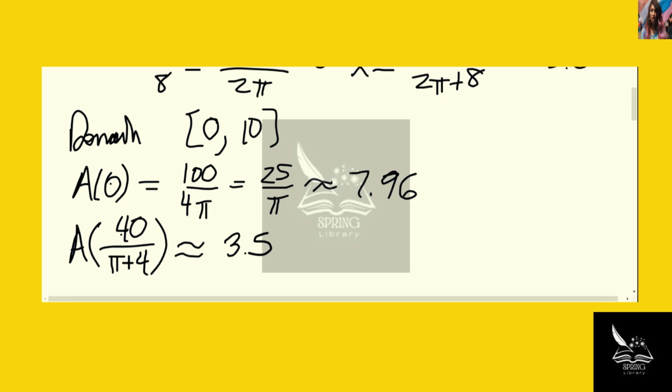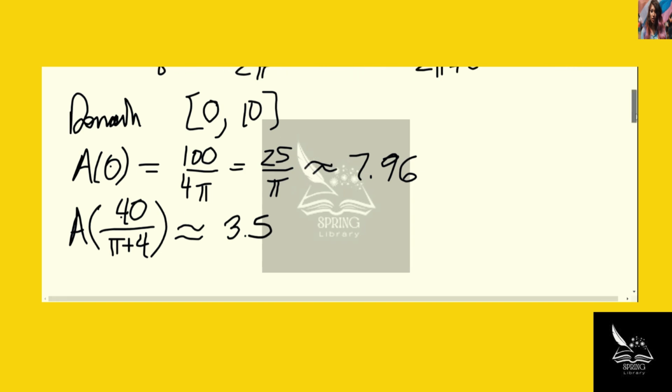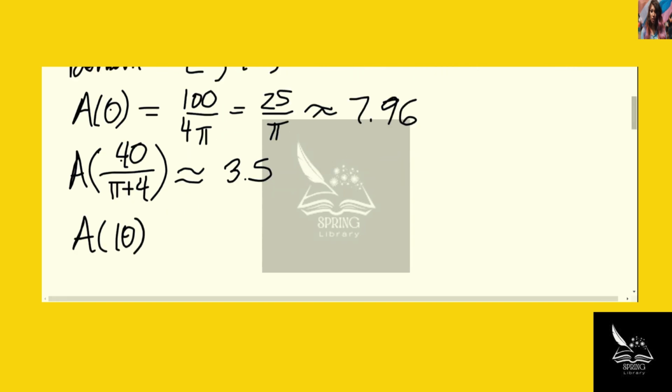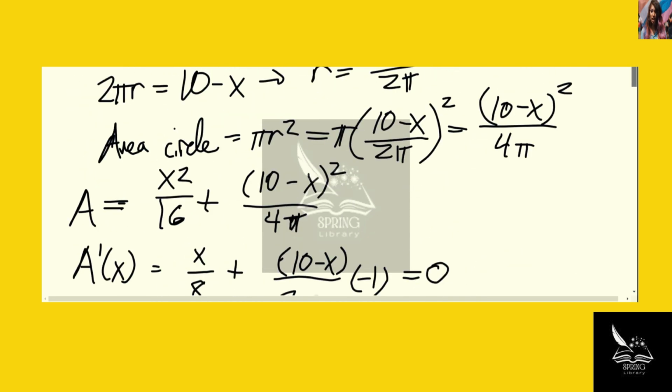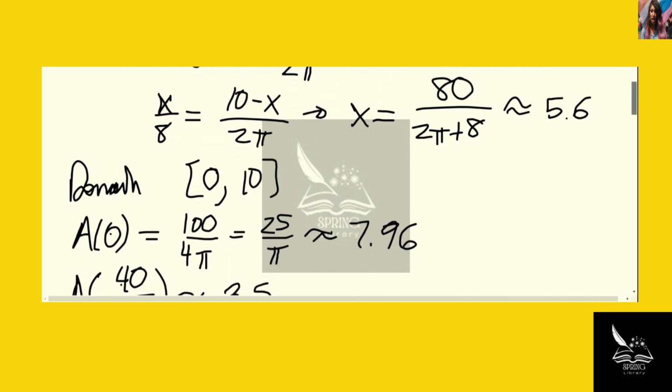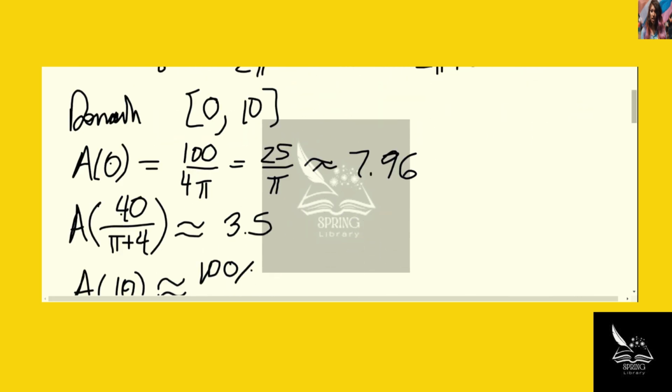And if you plug in 10, A of 10 is 100 over 16, which is about 6.25.